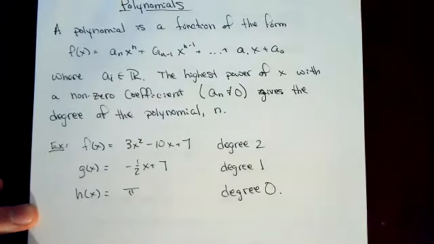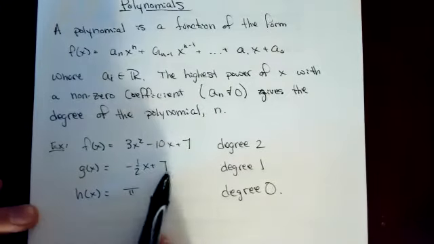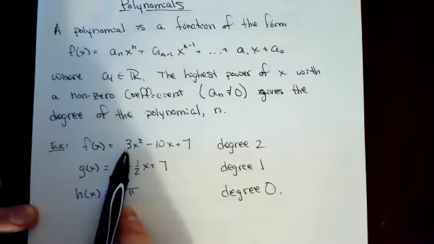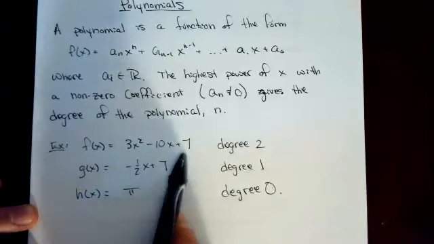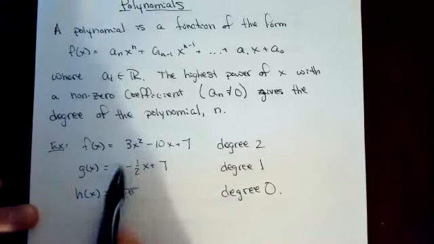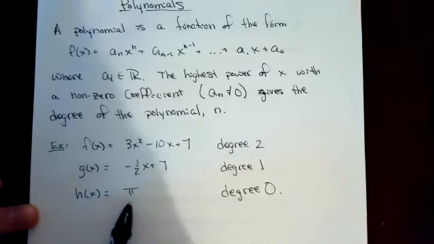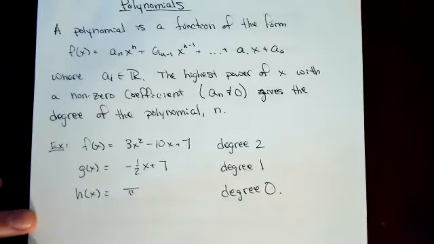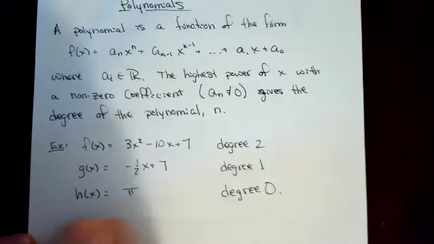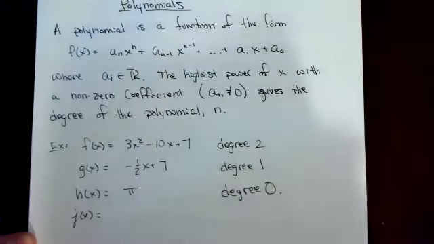And notice that we can use any type of values for the coefficients. We commonly see a lot of integers, but of course, sometimes we see rational numbers as coefficients. We can even have irrational numbers. So let's do one more, perhaps a higher degree.